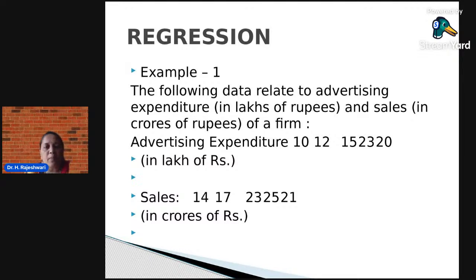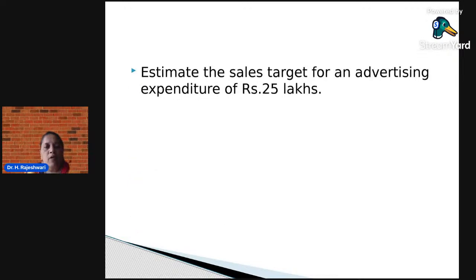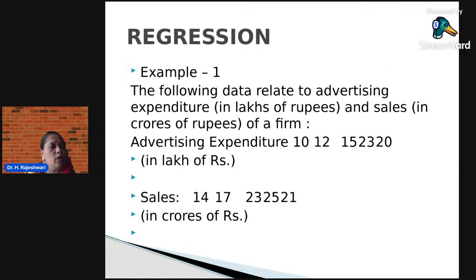There are 5 different parameters here. Now you are supposed to find out the relationship between the expenditure and sales: how much advertising expenditure a company makes, and if it makes this much advertising expenditure, this will be the sales.